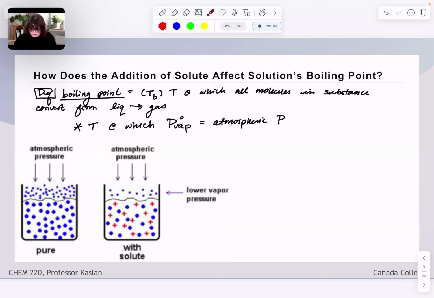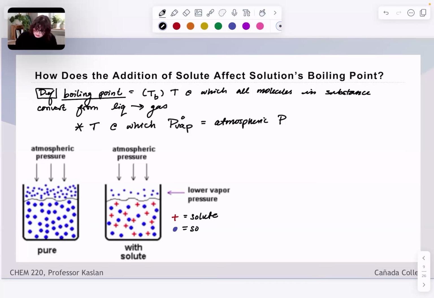Here we have these red plus signs indicating our solute, which means that our little blue circles are our solvent particles. And we know from vapor pressure lowering that the presence of these solute particles is physically preventing those solvent particles from escaping into the vapor phase.